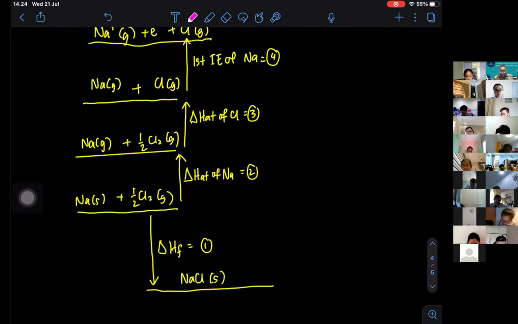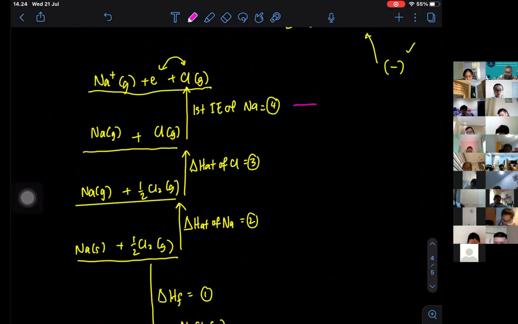So I am going to draw another line to my right, and extend this so that it is going down. I'm going to have Na plus gas, and then the electron and Cl join together, so you will have Cl minus gas.